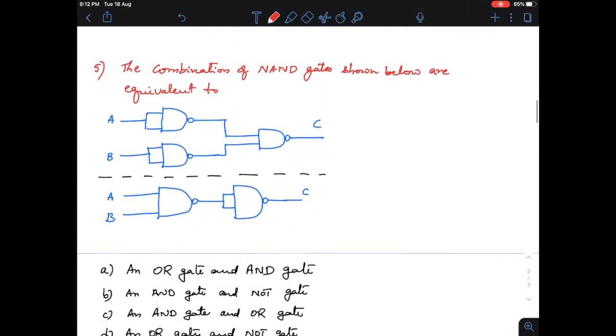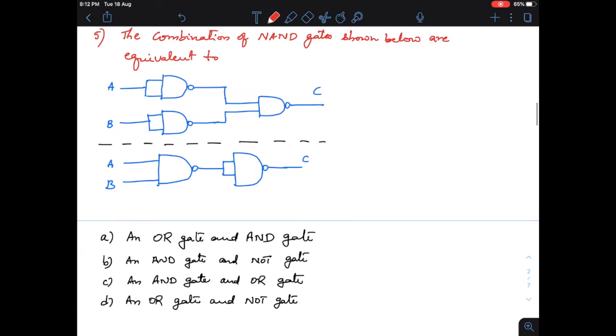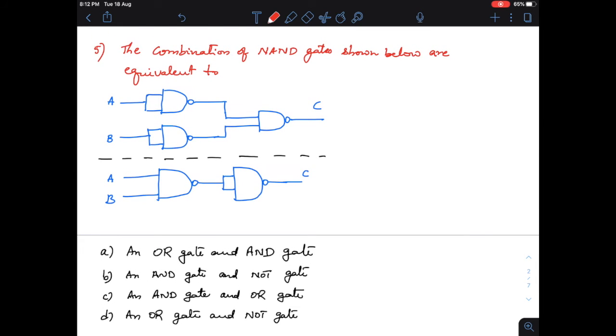Then let's see here. Now we have two given options. So this is 1, and this is 2. Now we need to identify the equivalent of this combination of NAND gates shown below. When these two are connected, this is as good as a NOT gate.